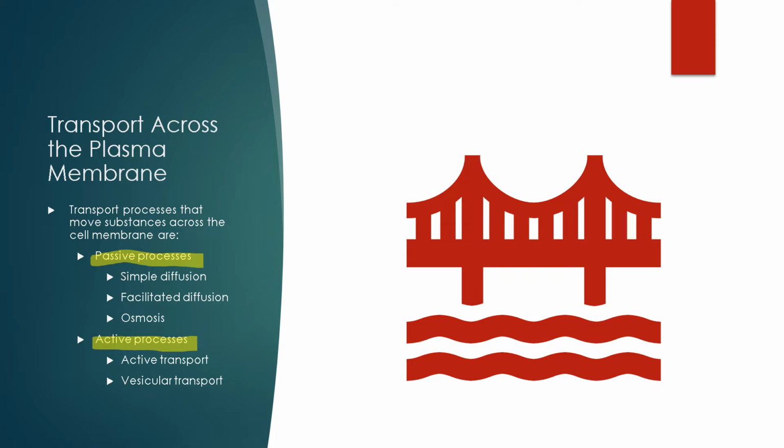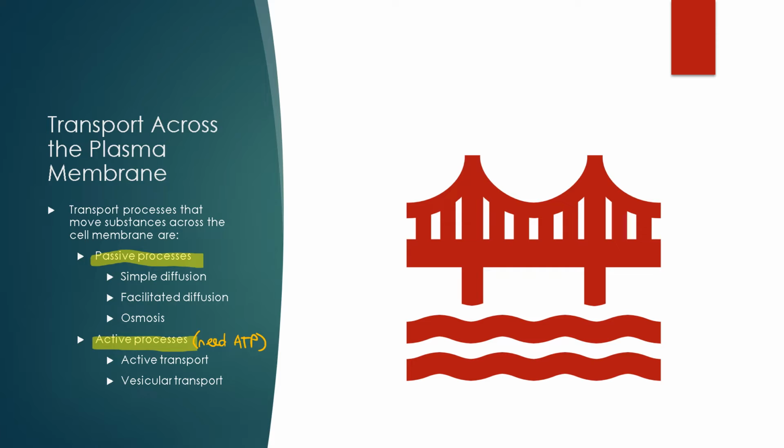Active processes are going to require ATP, whereas passive processes will just occur. They don't need any ATP in order to move a substance. Passive processes just move down their concentration gradient or down their electrical gradient to cross a membrane, and this is just using their own kinetic energy. They don't need an additional input of energy to move down their concentration gradient.